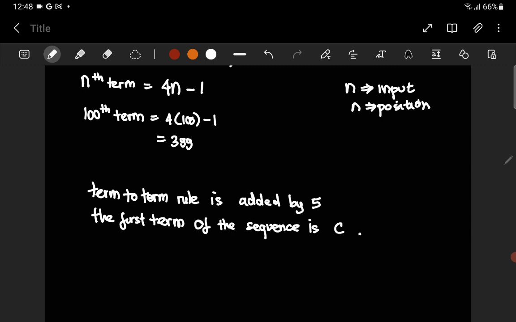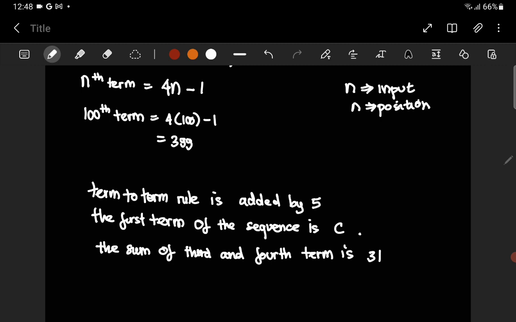Now, the sum of the third and fourth term is 31.